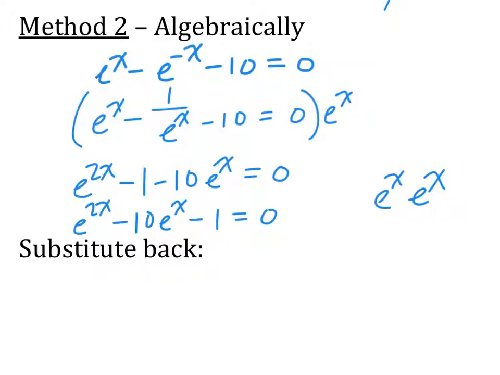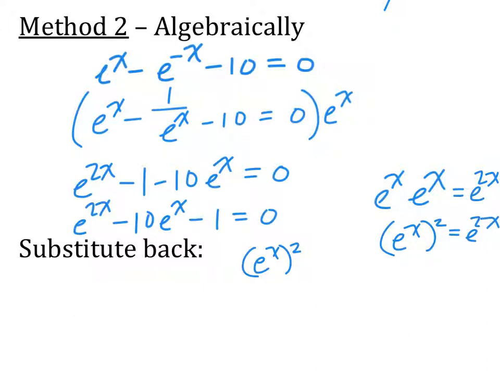So in a way, I can think of this like e to the x squared. All right, review. e to the x times e to the x is e to the 2x. e to the x squared is also e to the 2x. Same base, add the exponents. Power to a power, multiply. Okay, this becomes e to the x squared minus 10 e to the x minus 1 equals 0.